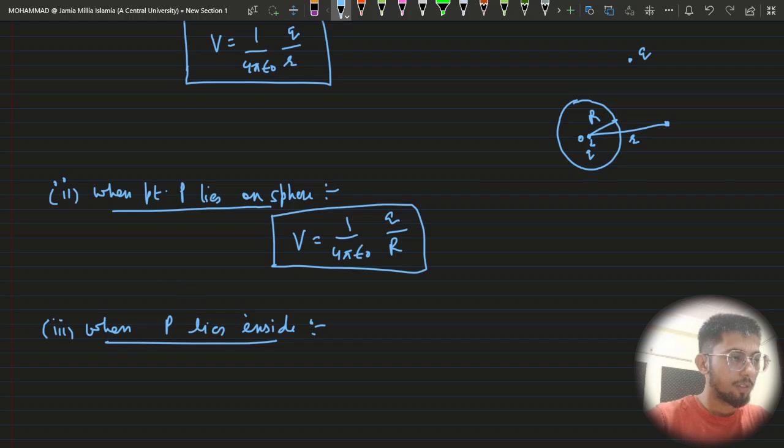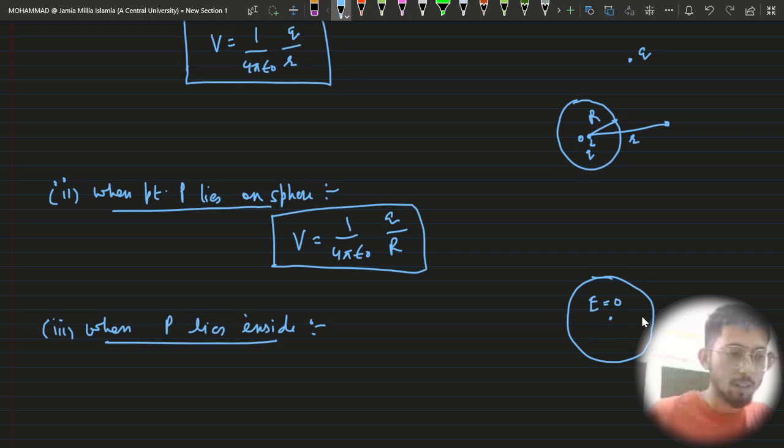A general rule you can remember: when there is a constant electric field, the electric potential will be the same everywhere inside that region. So E is 0 at any point inside the shell, we derived it, right?